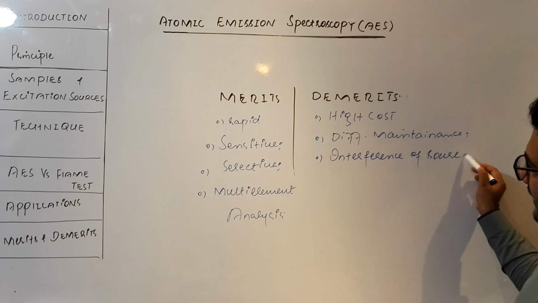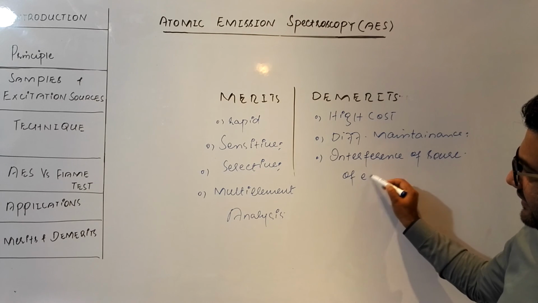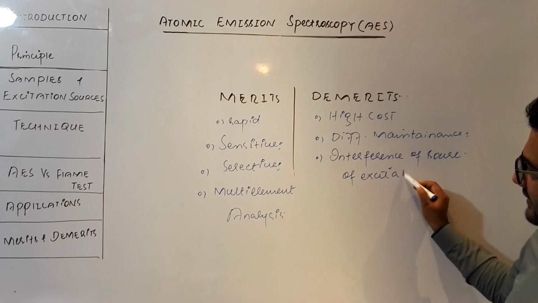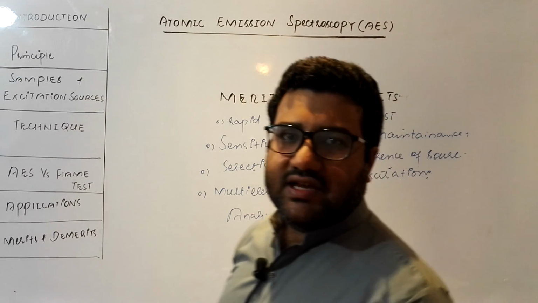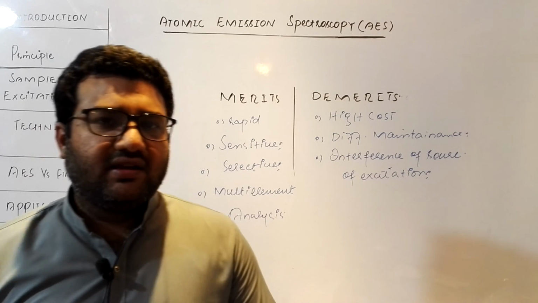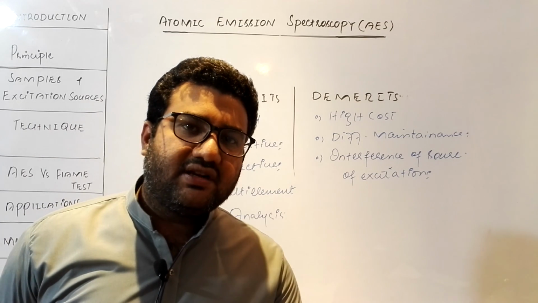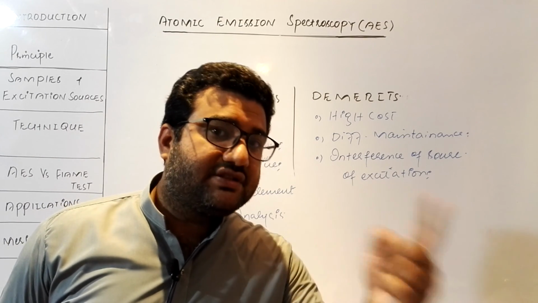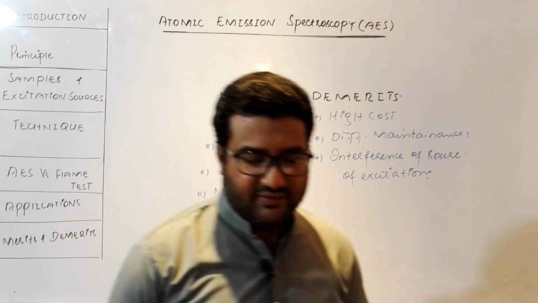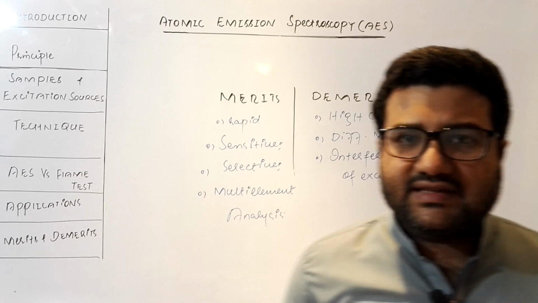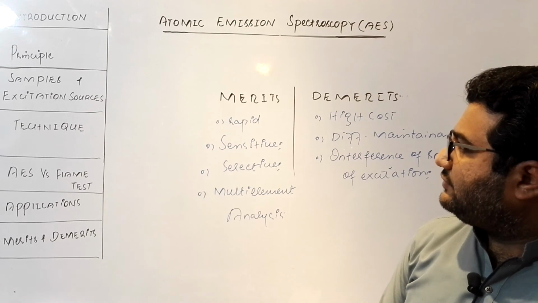If you are applying plasma as the source of excitation, then even the spectrum of that plasma, or the excitation or de-excitation of the electrons in that plasma, which is used as a source of energy, interferes with the atomic emission spectrum. So these are some drawbacks of atomic emission spectroscopy.